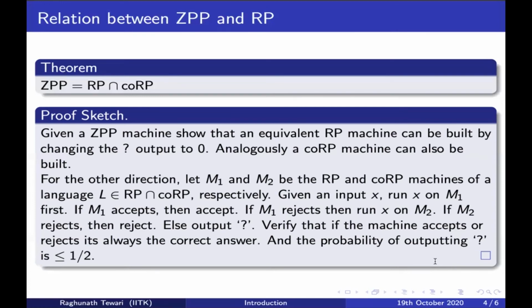On the other hand, if X is in the language, the construction accepts with probability greater than half, and it would never actually reject. M1 might reject, but then you go to M2, and M2 would never reject because M2 is a coRP machine.